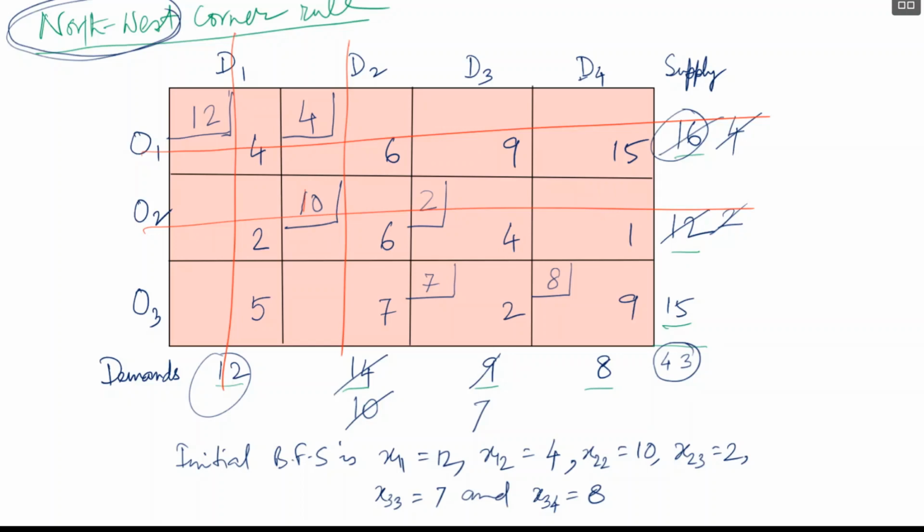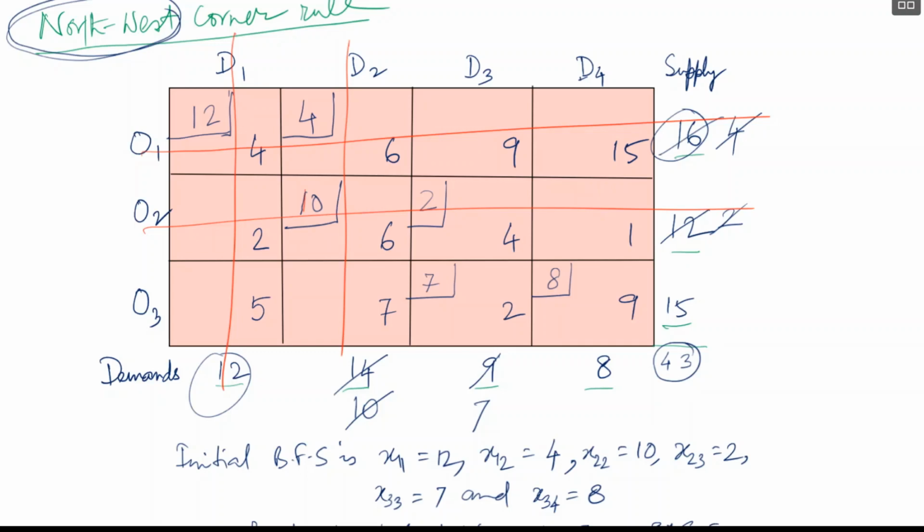and the cost involved in this solution will be 12 into 4 plus 4 into 6 plus 10 into 6 plus 2 into 4 plus 7 into 2 plus 8 into 9.